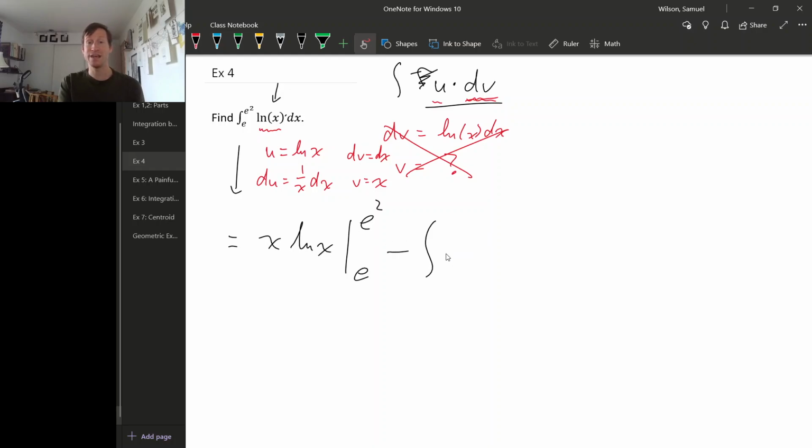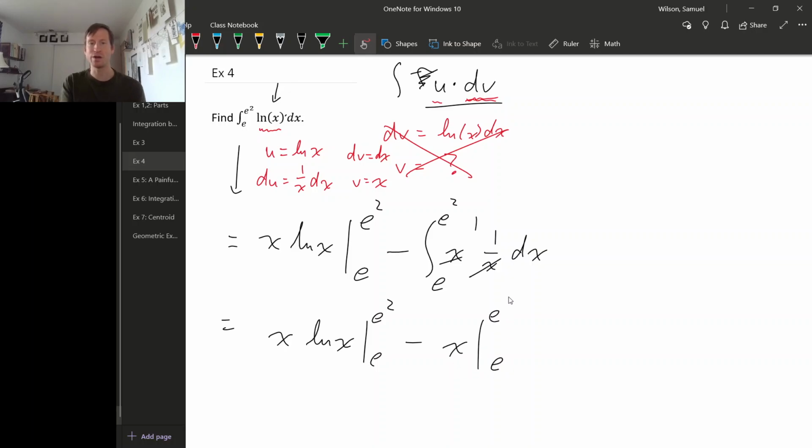So v is x, and du is 1 over x dx. So in this remaining integral, this all cancels, and we're just left with 1 as our integrand. Oh, and I forgot my bounds, from e to e squared. So this is x natural log x, and so we're evaluating from e to e squared, minus, and then integral of 1 is just x, again from e to e squared.